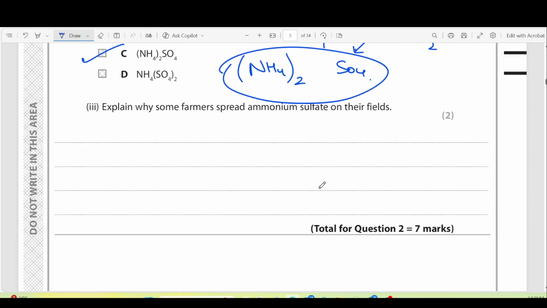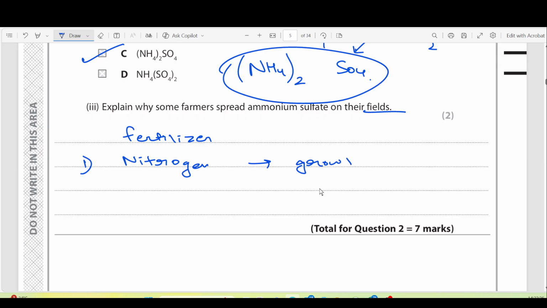Next question: explain why some farmers spread ammonium sulfate in their field. Because it is used as a fertilizer. Ammonium sulfate is used as a fertilizer, and it has two essential nutrients. One is nitrogen, which is important for the growth of plants. Ammonium sulfate contains nitrogen, and it is very important for the growth of plants.